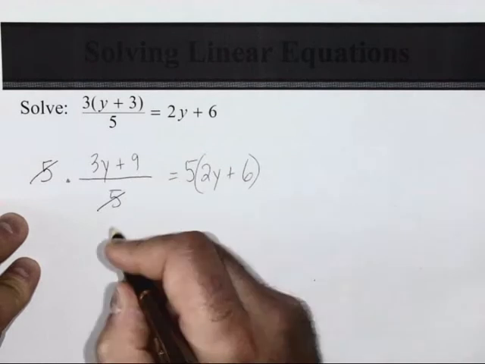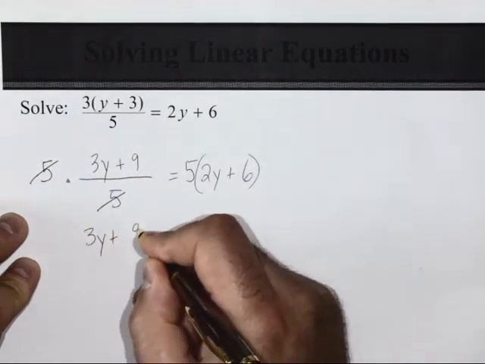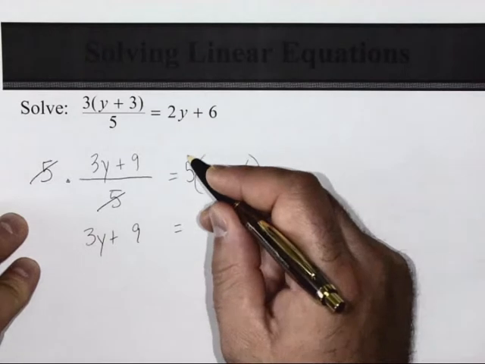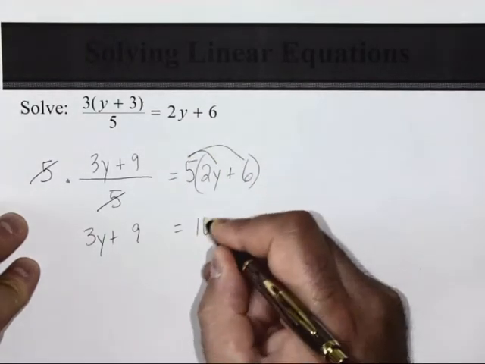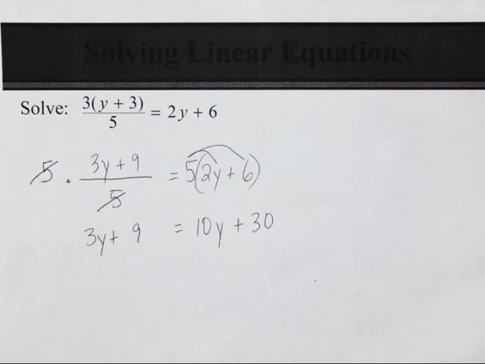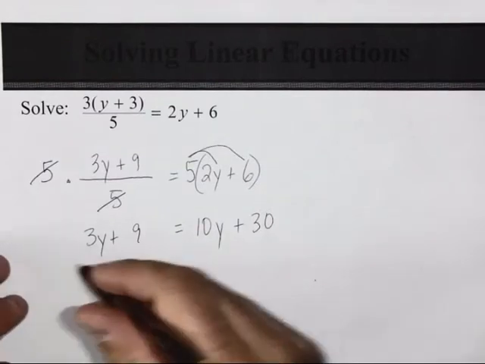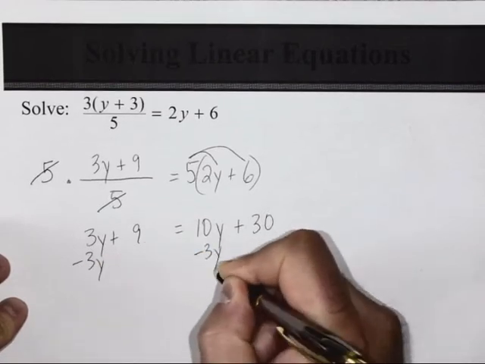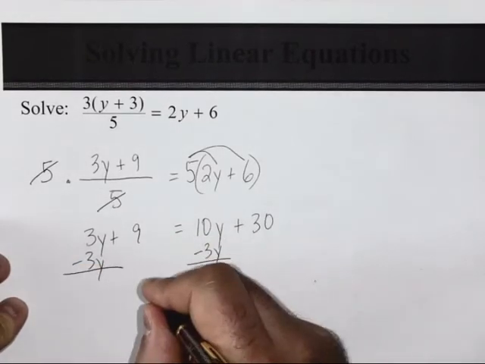So the 5s are going to cancel over here, leaving you with that numerator. And then I've got to distribute the 5. I've got to multiply the 5 to all parts of that expression. That keeps the equation balanced. Then I can start solving. So I would get the y's together, so do the adding, subtracting inverses here.